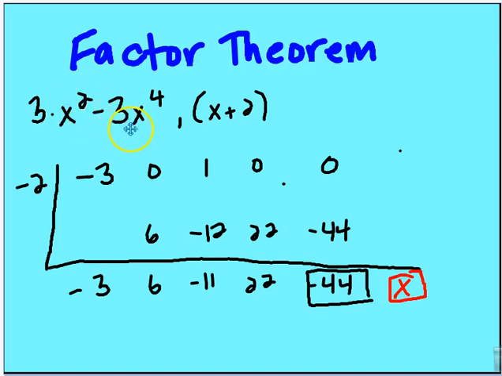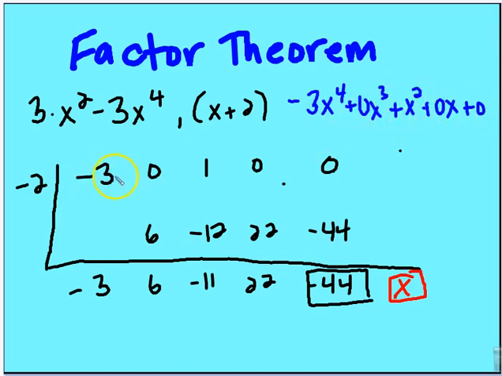Third, negative 3x to the 4th plus x squared. We need to reorganize our polynomial. So it would be negative 3x to the 4th plus 0x cubed plus x squared plus 0x plus 0.